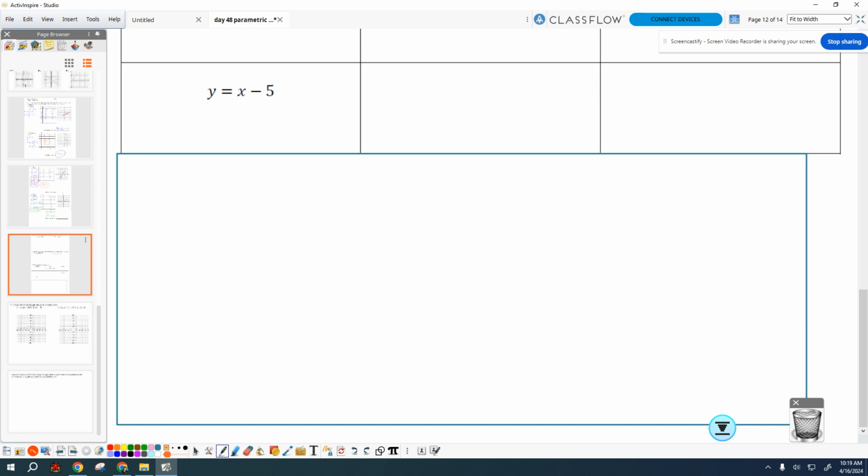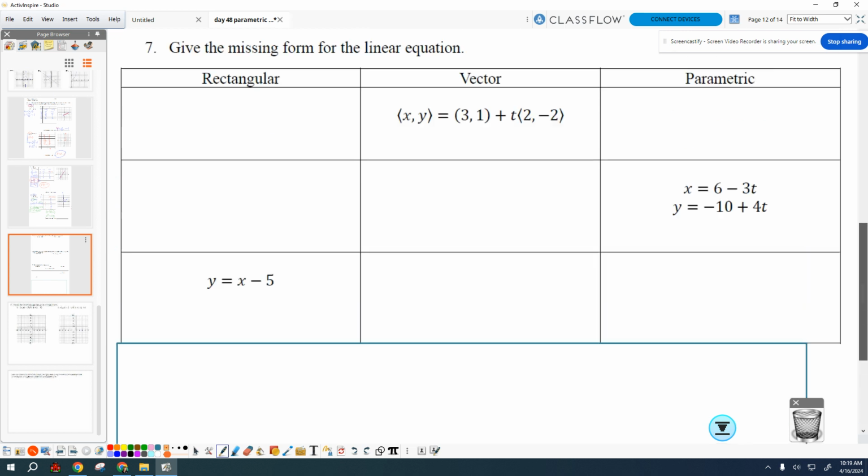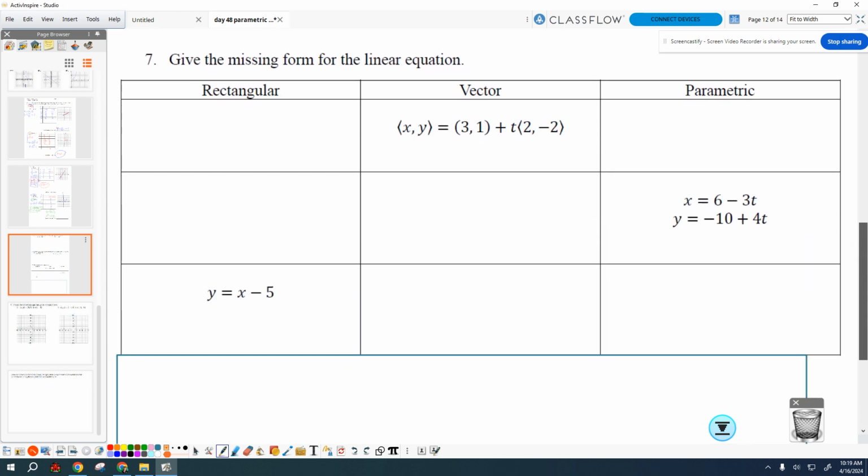Okay. So how do we do this one? I erased it. What was our rectangular equation for the first one? Y equals negative x plus, Okay, and this one was y equals negative 4/3 x minus 2.